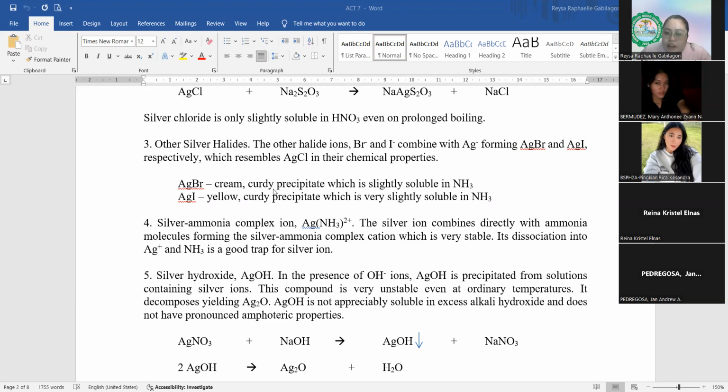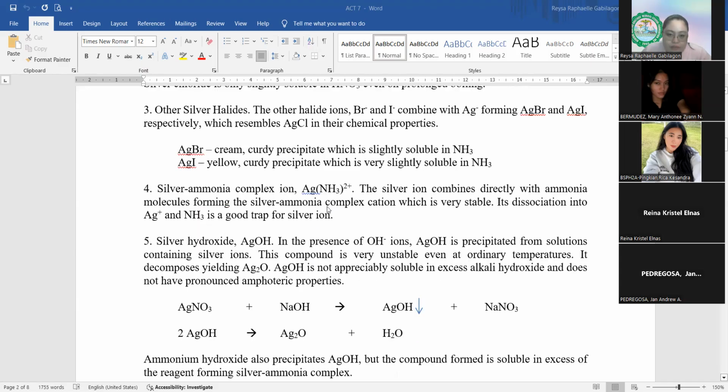Silver iodide is also a curdy precipitate. Curdy, meaning it curdles as a precipitate, like milk that has curdled after being left for a long time and has turned sour. Like that is its appearance. So, we have a yellow color for silver iodide. Okay, so this is very slightly soluble in ammonia also.